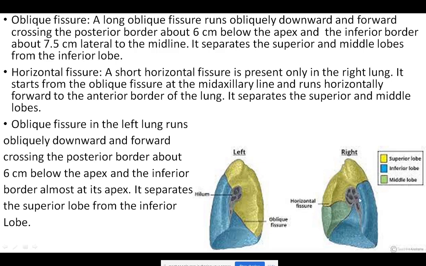Okay, remember that the oblique fissure crosses the posterior border of the lung, whereas the horizontal fissure crosses the anterior border of the lung. The oblique fissure in the left lung, this one, runs obliquely downward and forward.